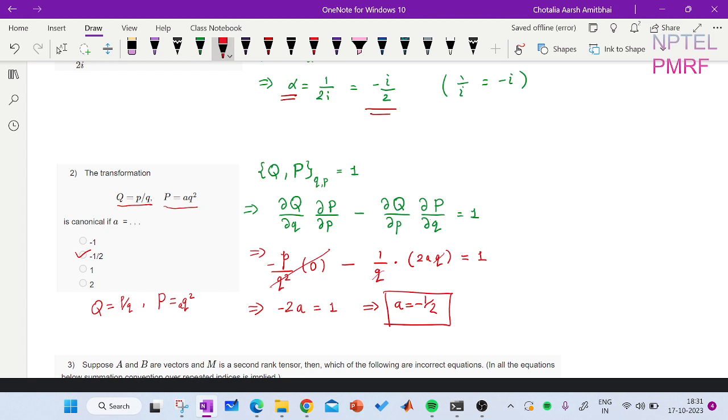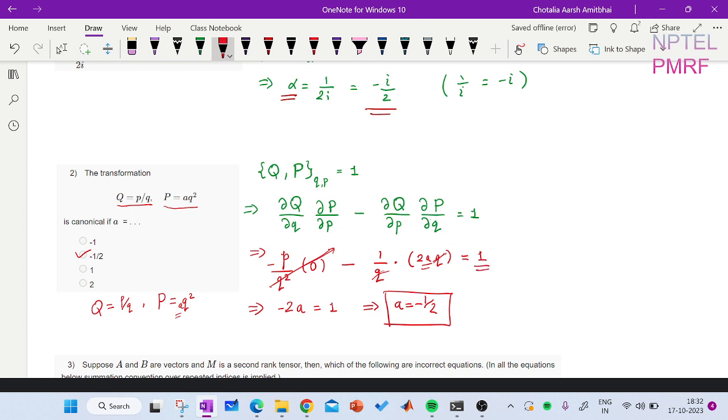Now, it's not necessarily true that there must be some a for which the transformation becomes canonical. For example, you see here it's 0. Here q's and q's got cancelled. If they didn't get cancelled, then no matter what the value of a is, this equation can never be identically equal to 1, because it depends on q.